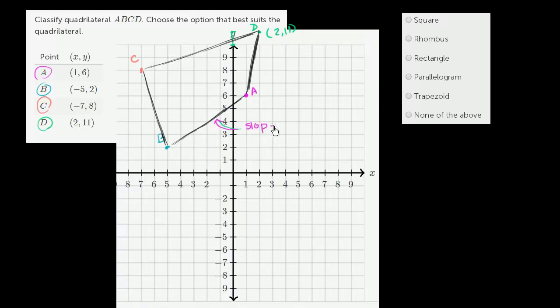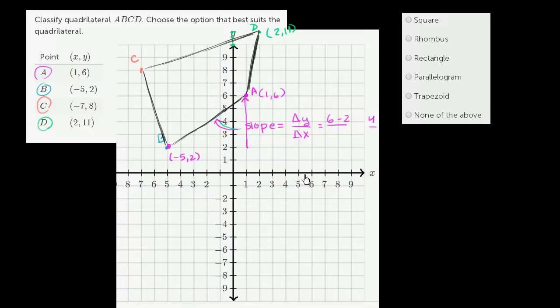Your slope is going to be the change in y over your change in x. In this case, we're starting at the point -5, 2, and we're ending at the point 1, 6. So what's our change in y? We're going from 2 all the way to 6, or 6 minus 2, so our change in y is 4.